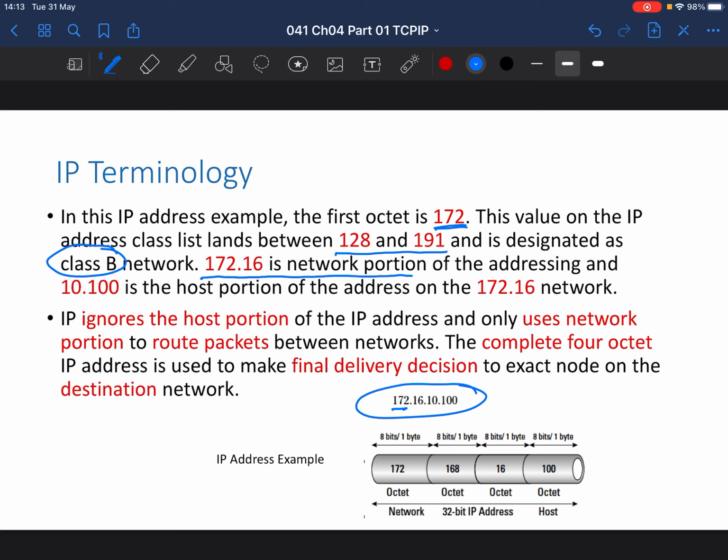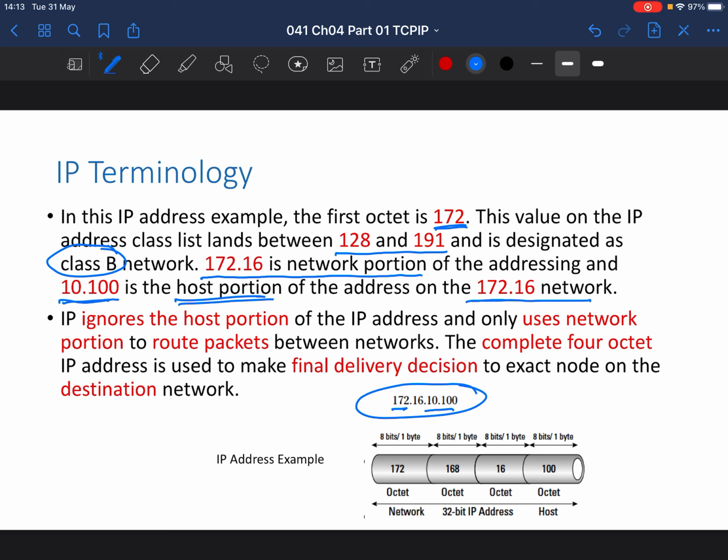This is class B, and the first two octets belong to the network portion of the addressing. 10.100 is the host portion. So on this 172.16 network, 172.16 is the network and 10.100 is the host.